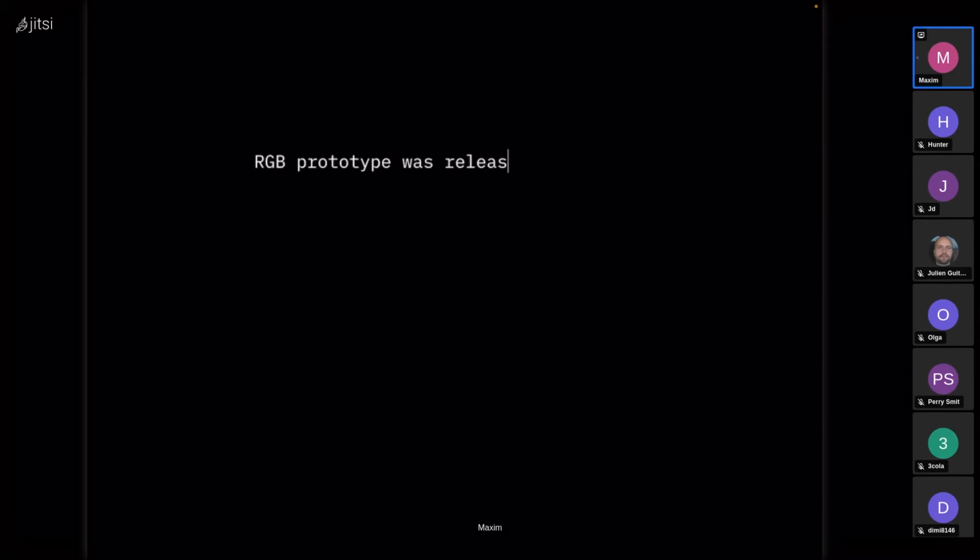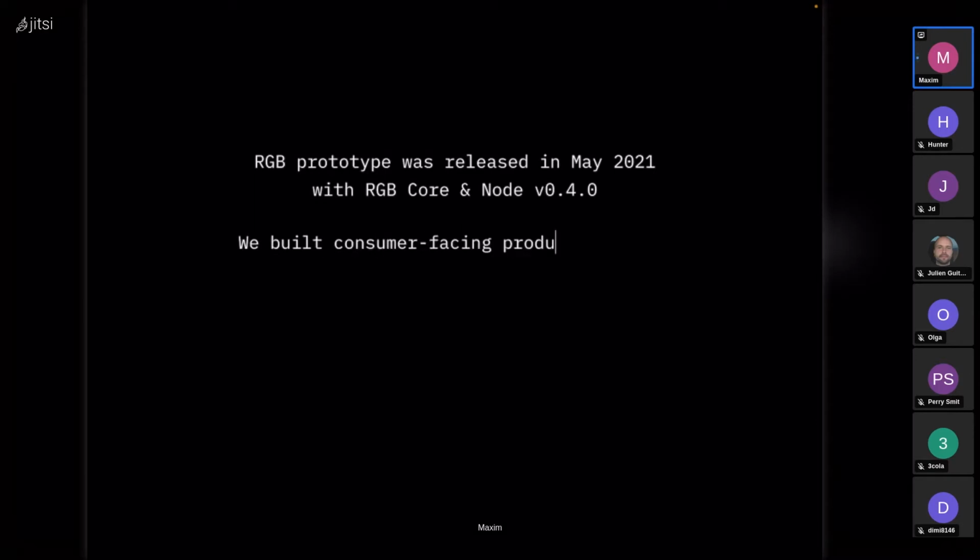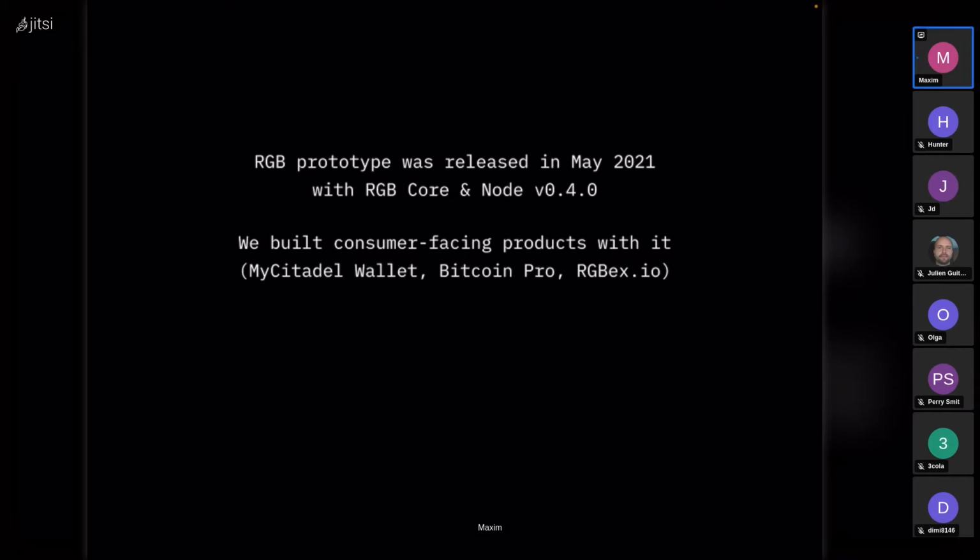So, we released the prototype of RGB with all these pay-to-contract commitments working in this complex way a year ago, in May 2021. It was named RGB Core and RGB Node version 0.4. And we built consumer-facing products with that.